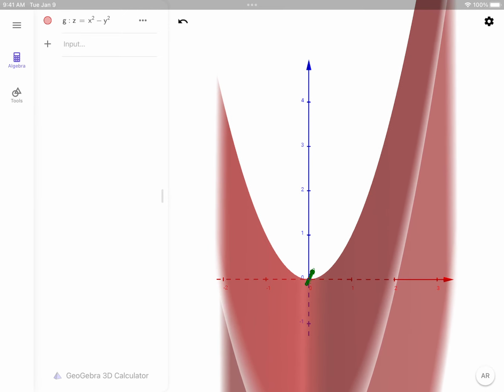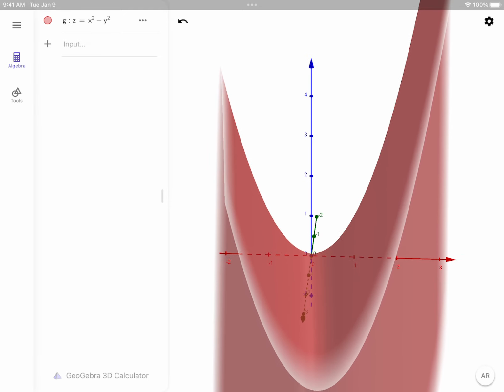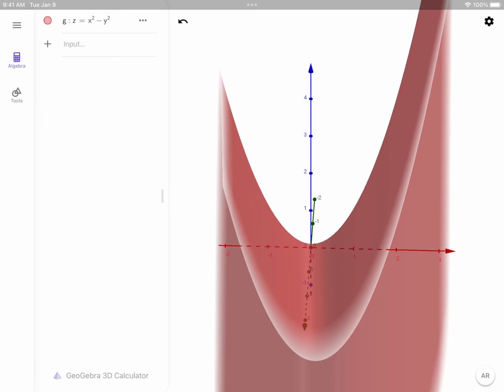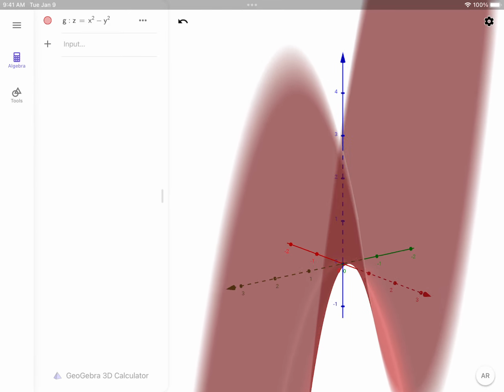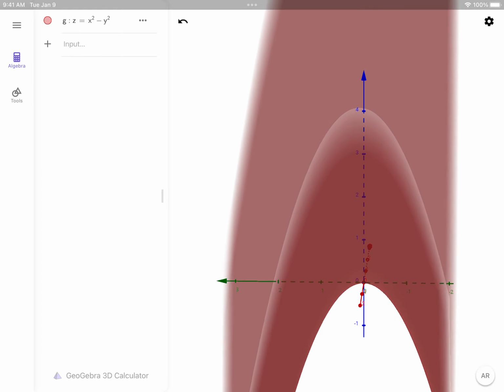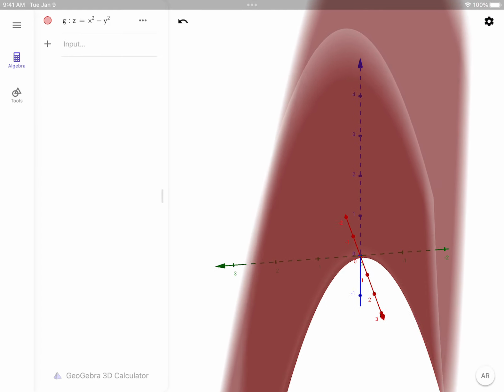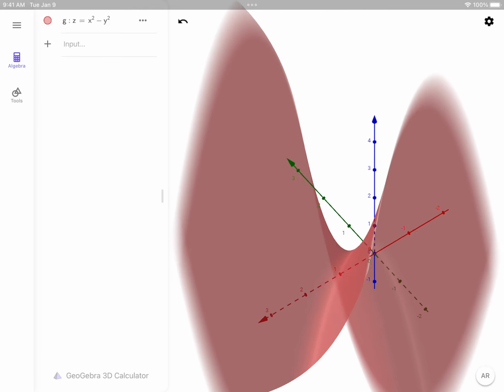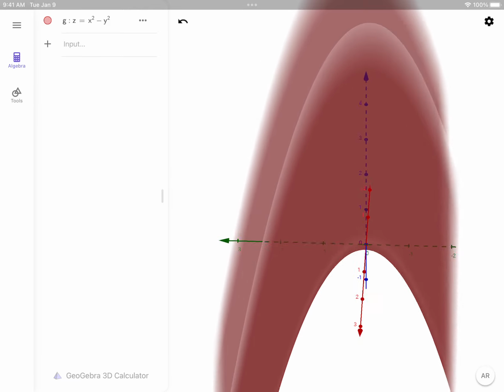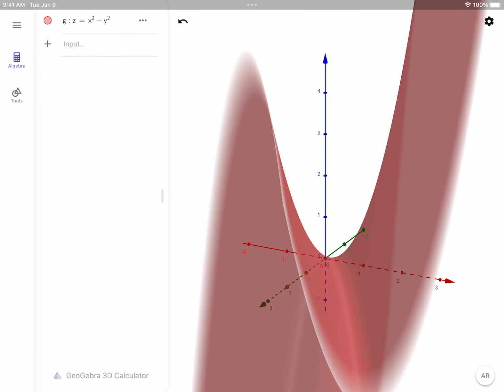X is positive in the red, y is positive in the blue, and you can see the trace of our parabolas, hopefully, in this plane. Now, if we shift over to when x is fixed, that's going to be the yz plane. So let me rotate this. So now we're in the yz plane, and we can see those downward facing parabolas. So this is something that's called a saddle. Okay, so this is a saddle.